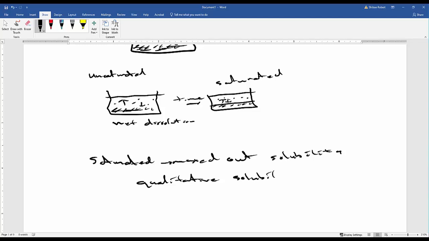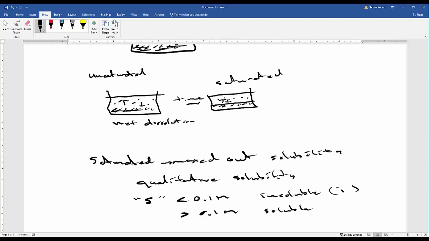When we're looking at qualitative solubility, we just have some cutoff, and the cutoff is going to be a gray area. For example, if the solubility, for which I'm going to use the symbol S, is less than 0.1 molar, then we call it insoluble, and sometimes we use an I for that. If the solubility is greater than 0.1 molar, then we say it's soluble, and we give it an S, which is a different S than this.